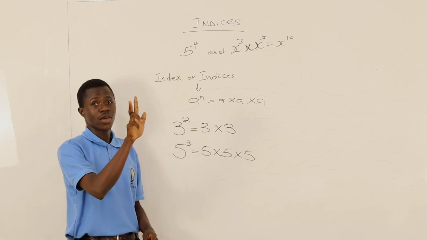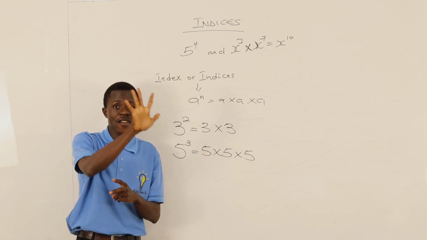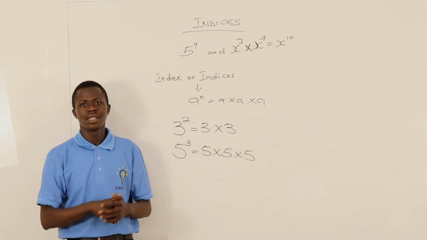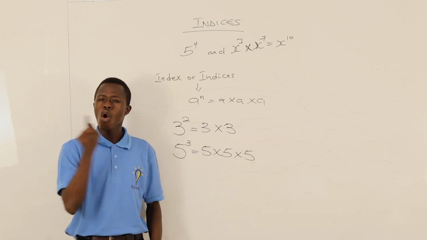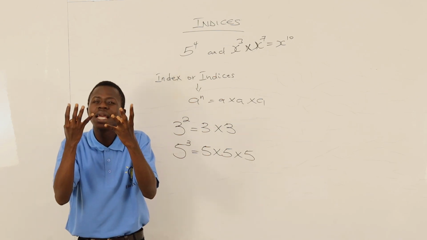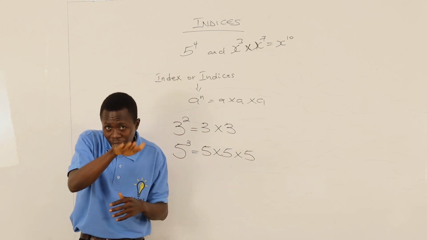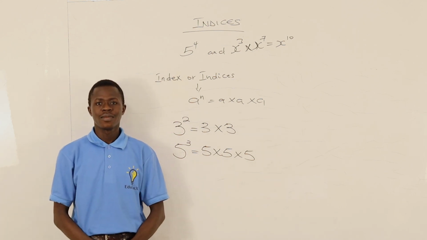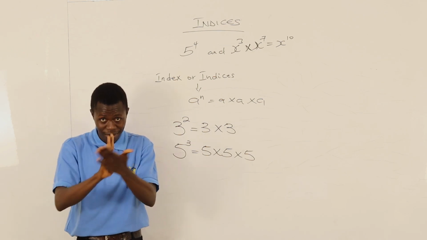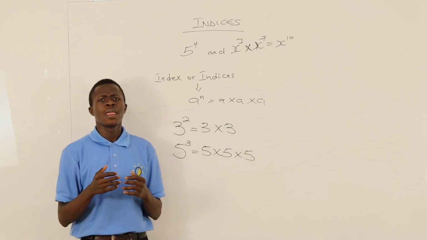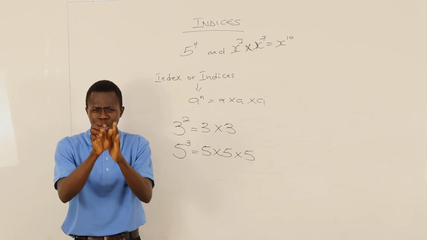The first 5 meaning 1 time, the second 5 meaning 2 times, and the third 5 meaning 3 times. So 5 is multiplying itself 3 times. Always focus on the power. The power is telling you the number of times the base is multiplying itself. That is how it is dealt with.